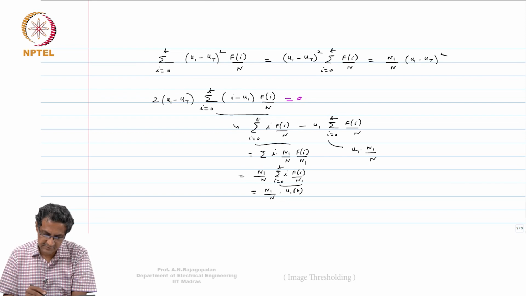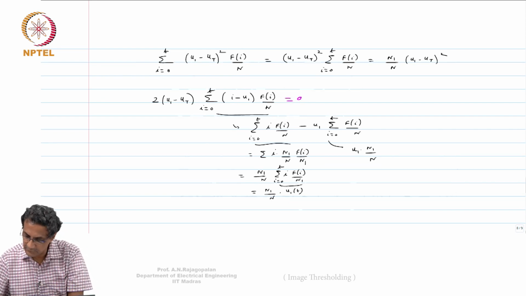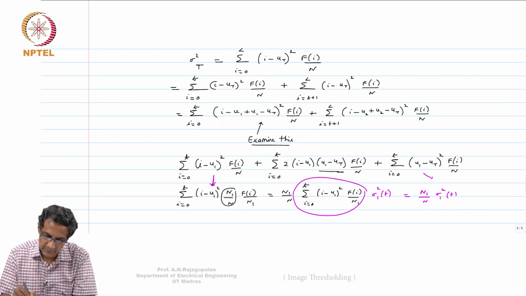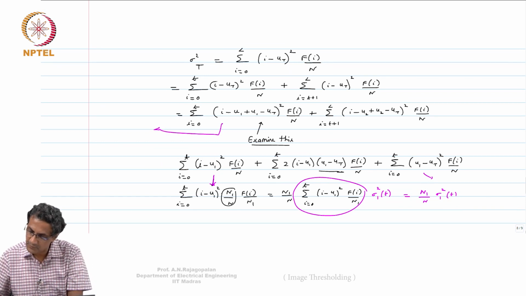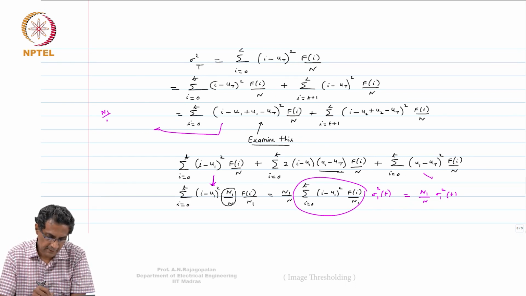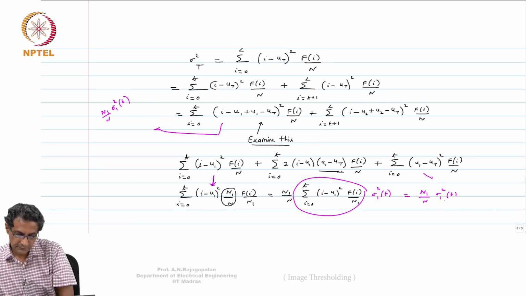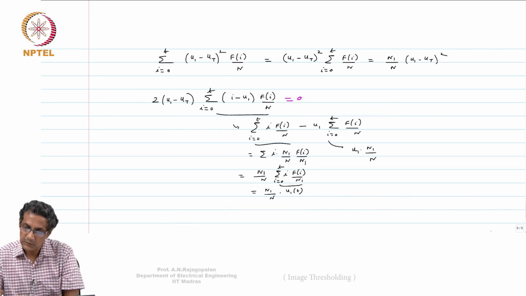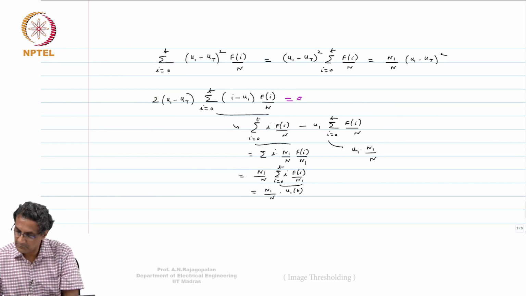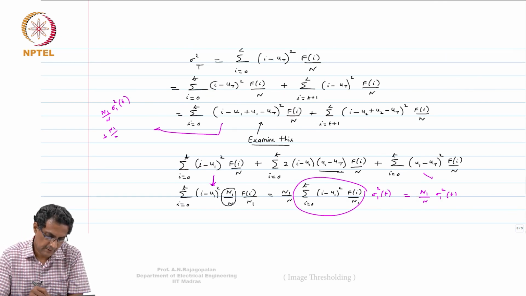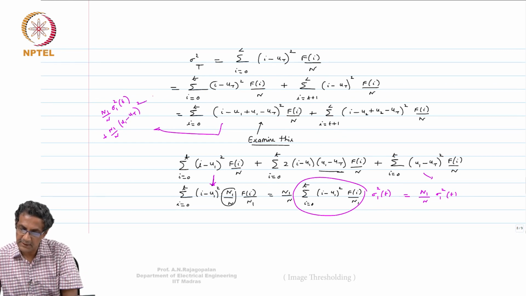So, what this means is that the first term, this term, in fact reduces to n1 by n sigma 1 square of t, which is what you had here, plus n1 by n into (mu 1 minus mu t) the whole square, which is the second term.